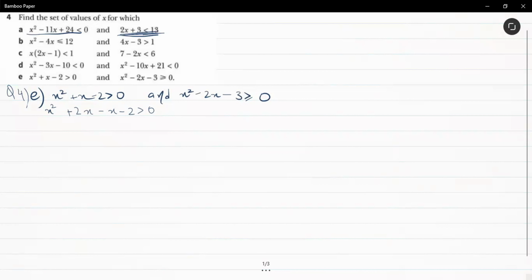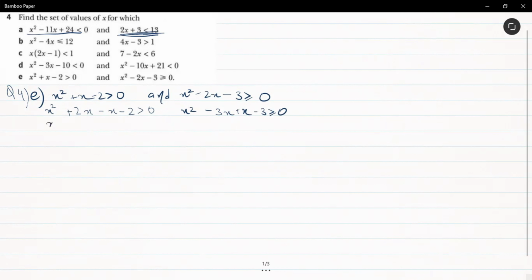Okay. So for the other one, we have x squared minus 2x minus 3. If we make the factors for negative 3, we are going to get x squared minus 3x plus x minus 3 is greater than or equal to 0.